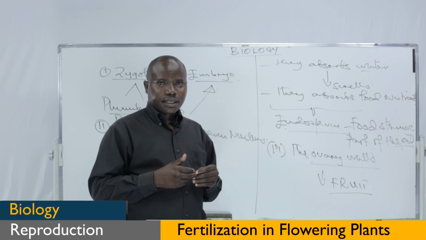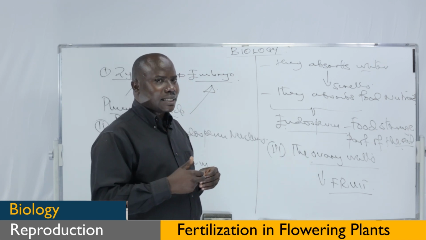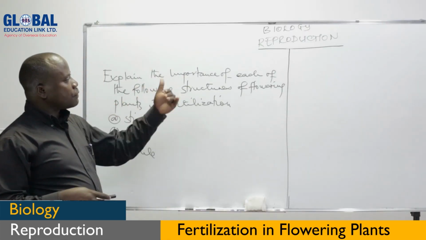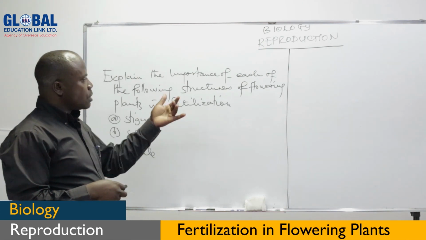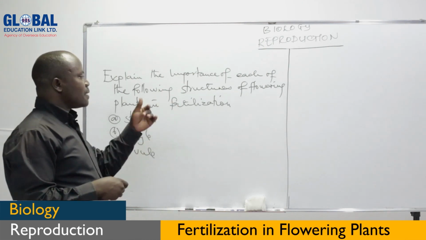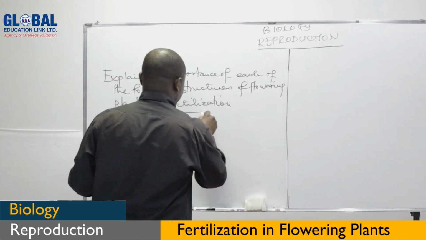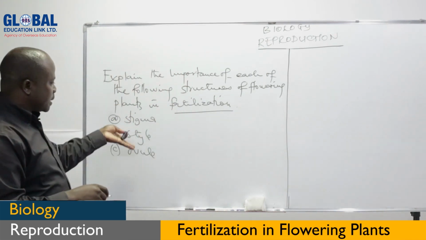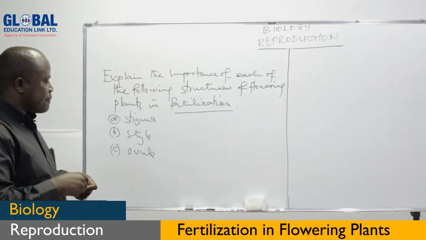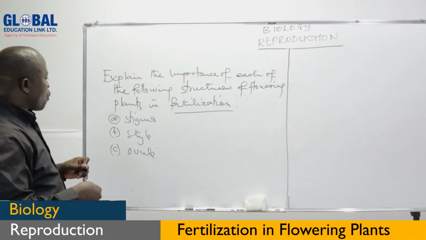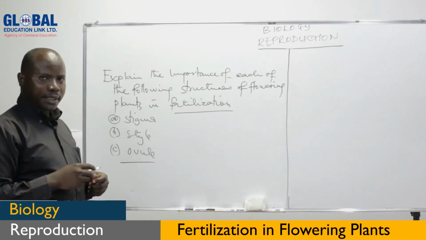For instance, the question can be asked, explain the importance of each of the following structures of flowering plants in fertilization. It means these structures are involved in fertilization. What is their importance?